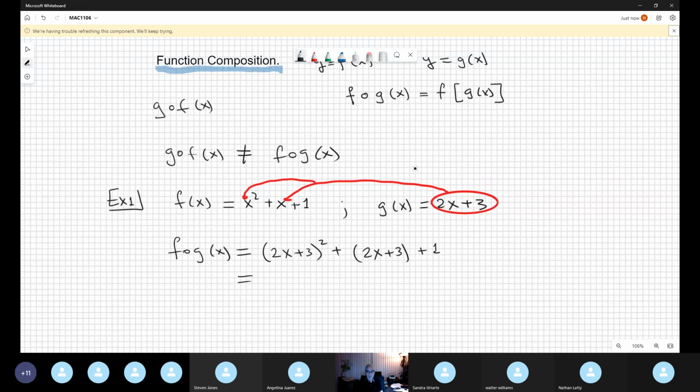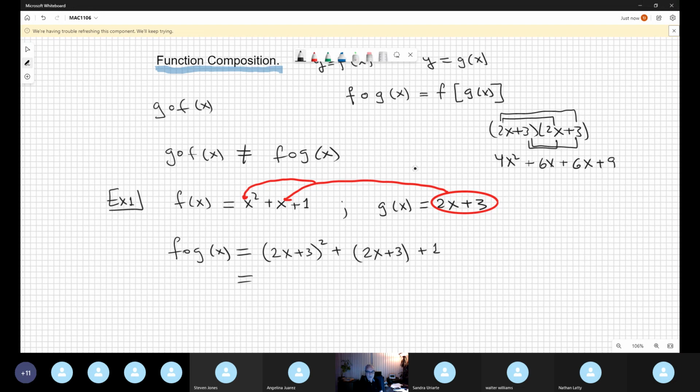You FOIL that part, 2x plus 3 times 2x plus 3, which is 4x squared plus 6x plus another 6x plus 9, 3 times 3.